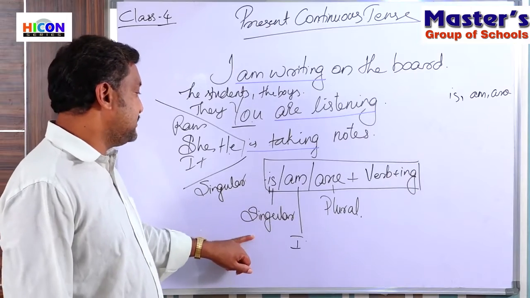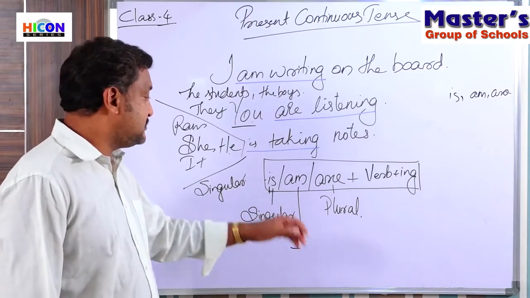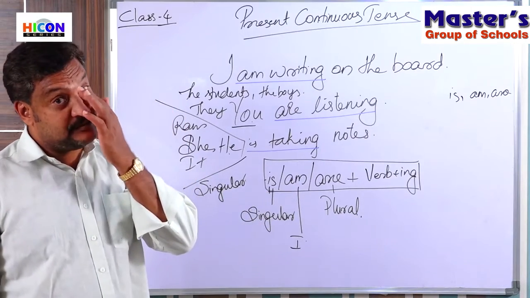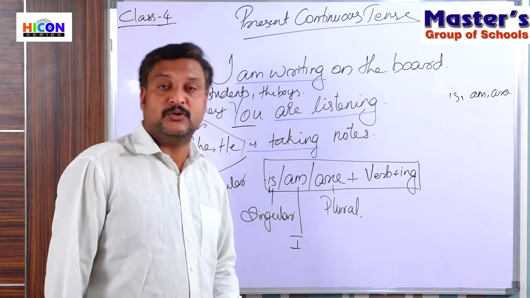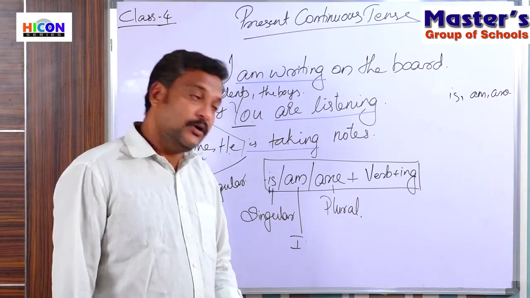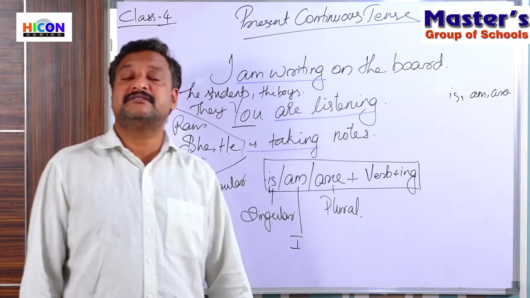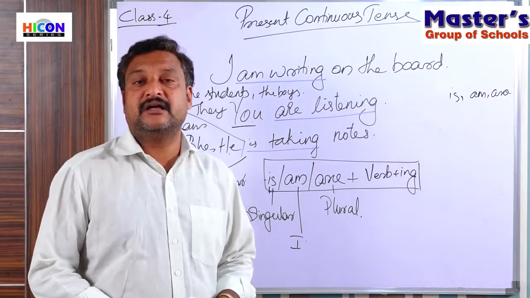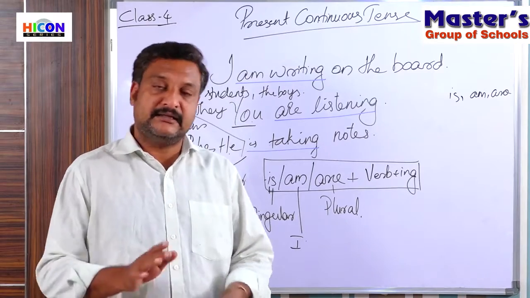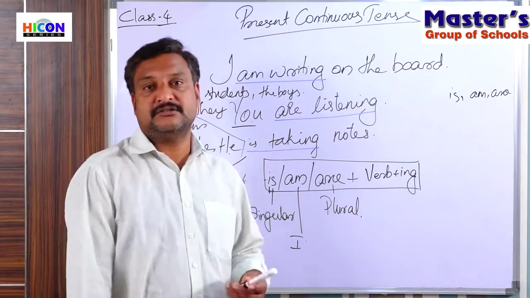Is is used when the subject is singular. Am is used when the subject is the first person pronoun I, and are is used when the subject is plural. Right? Okay. Now we have an exercise from this part in the lesson itself about the present continuous tense, and we will do that, and then we will go on to the next topic.